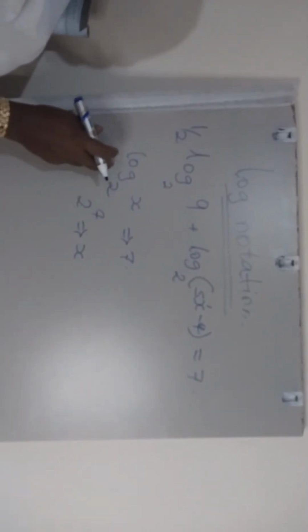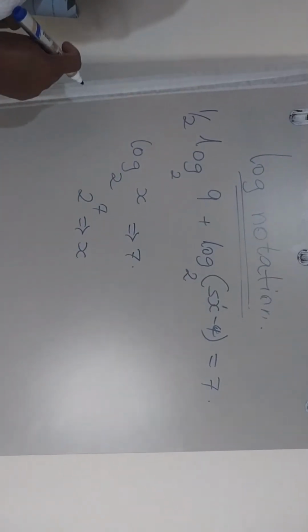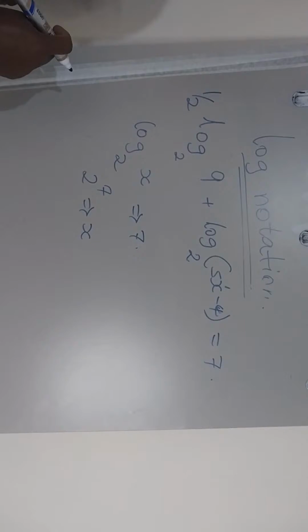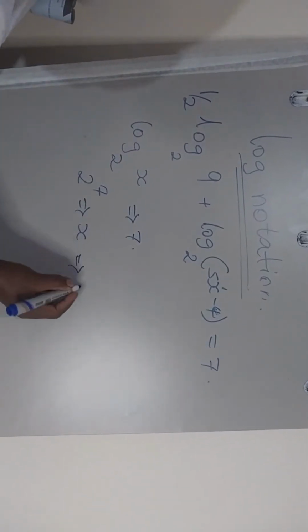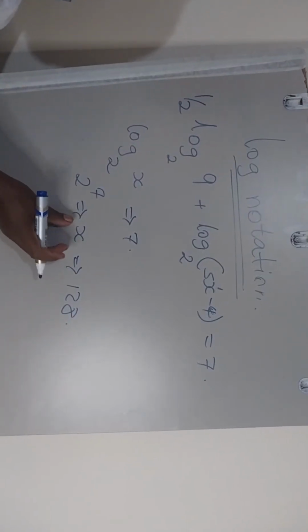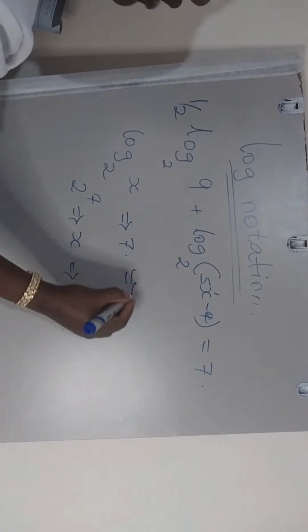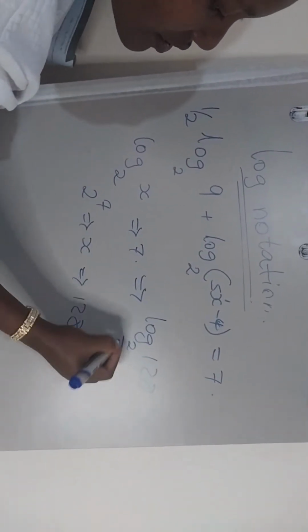We had given this basic on our previous stream. So 2 to power 7 will simply be what? 128. Yeah. So if x is 128, we can simply say 7 will now be log 128 to base 2.